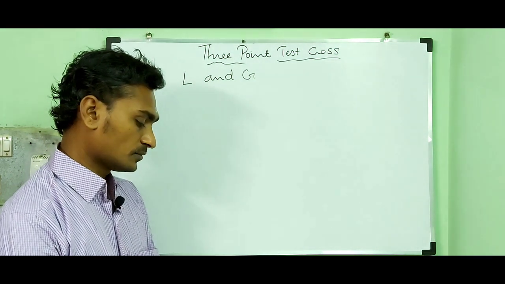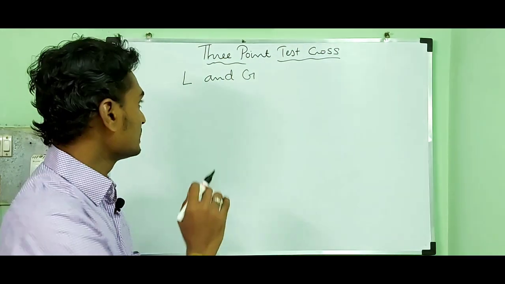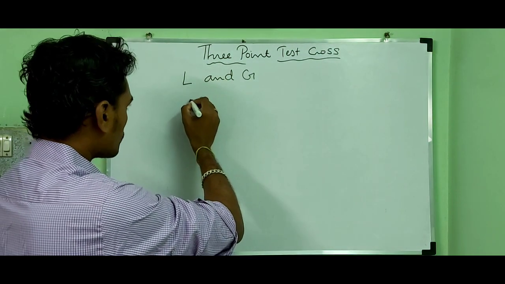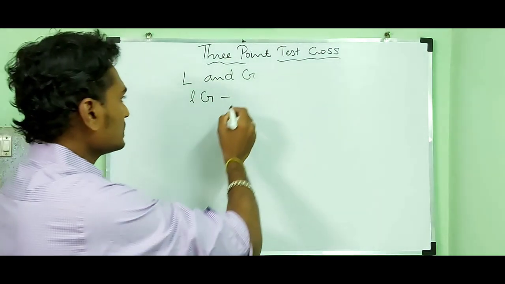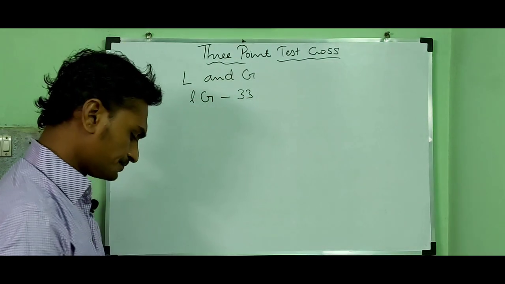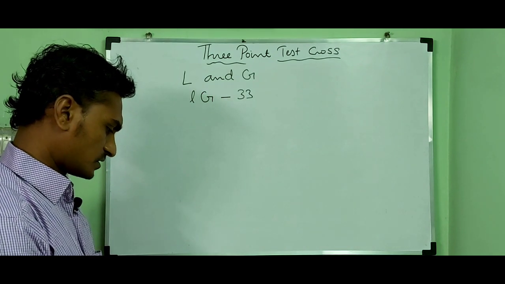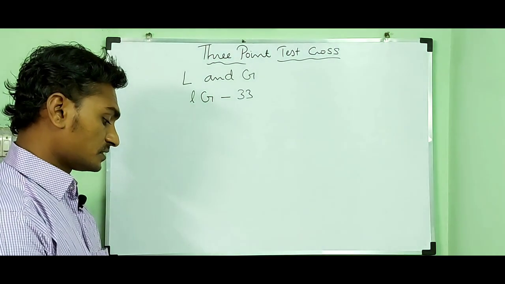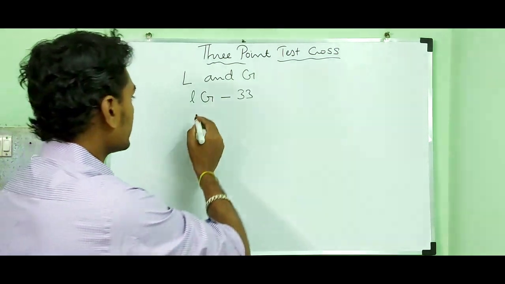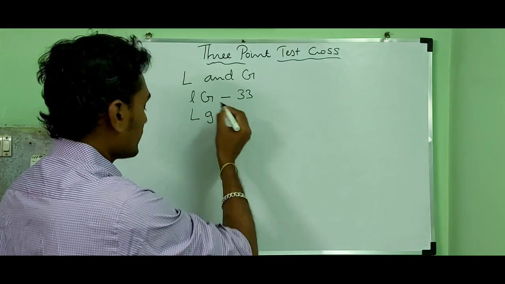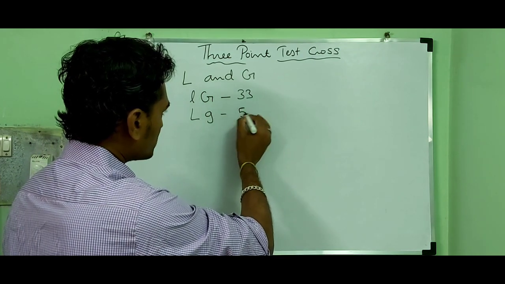The second one, lazy, contains 33 recombinants: small l, capital G contains 33 recombinants. The next one, glossy, capital L and small g, contains 59 recombinants.